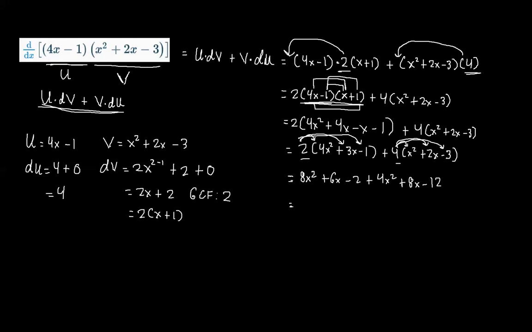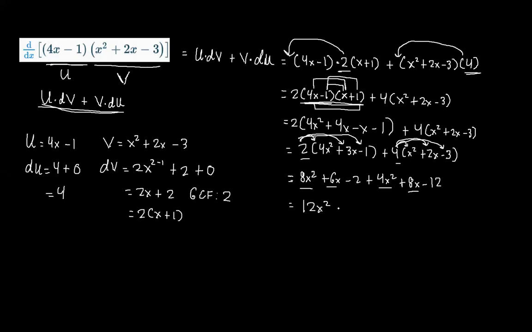Now we can combine similar terms. First, I'll combine 8x squared and 4x squared because both of these terms are similar, since their variables are x squared. So 8x squared plus 4x squared will give you 12x squared. Next, 6x plus 8x, we're going to combine them because they are similar due to their variable, which is x.